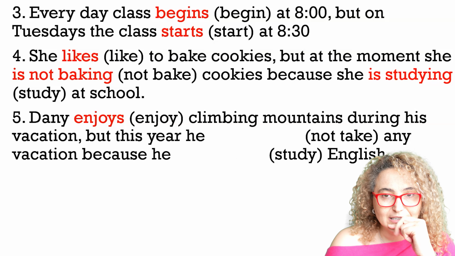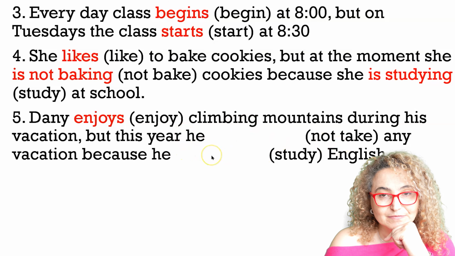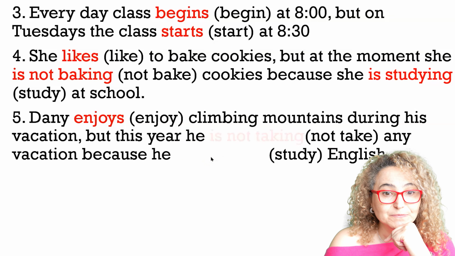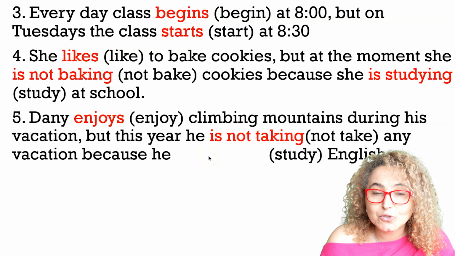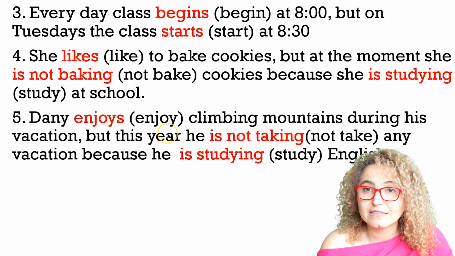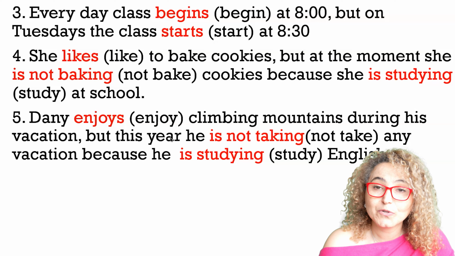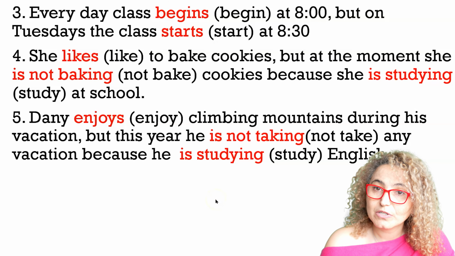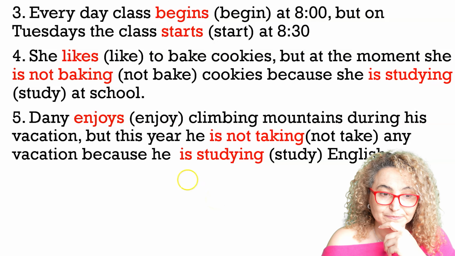Takes, is not taking, or doesn't take? I hope you write the answer down. Is not taking any vacation because he is studying English. This year, okay? Today. These are also keywords that explain to you that you should use present continuous.